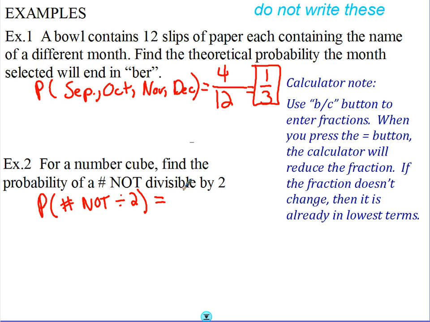So there's a total of 3 of them. And out of all the sides, we have 6 sides. If we reduce that, I get 1/2. Okay, so there's about a 50% chance of rolling that cube and not getting a number divisible by 2.